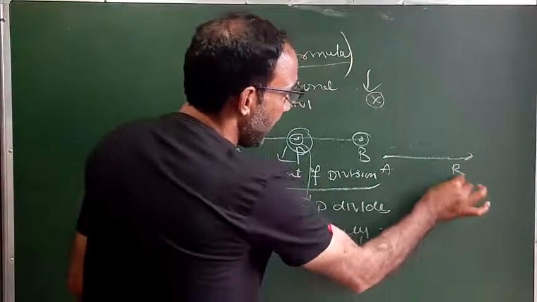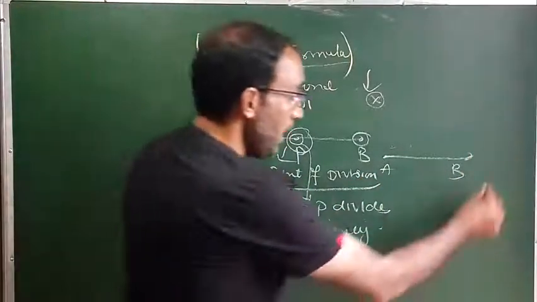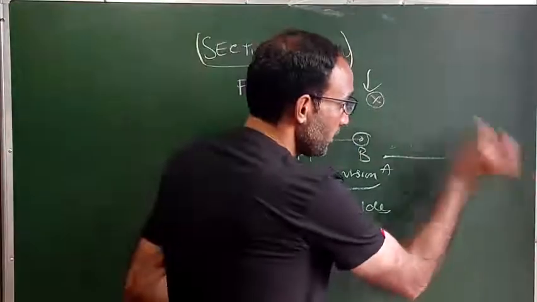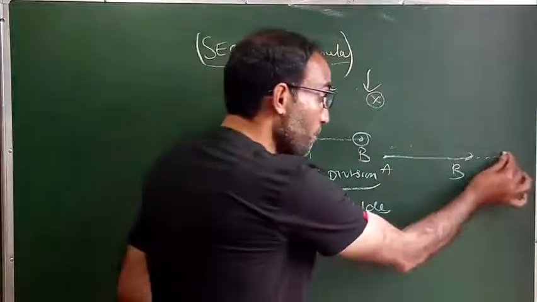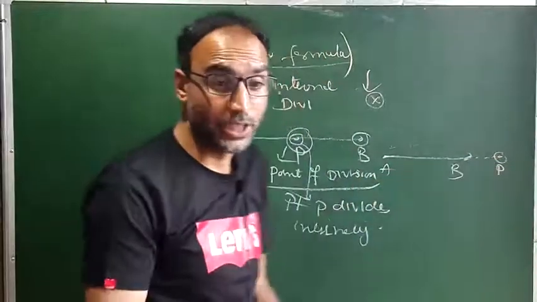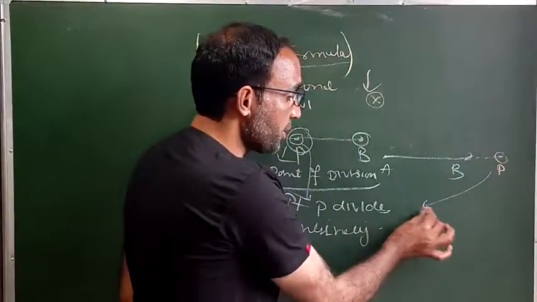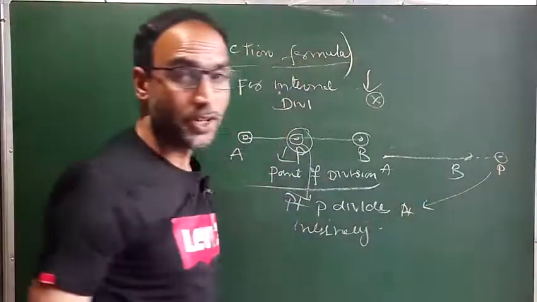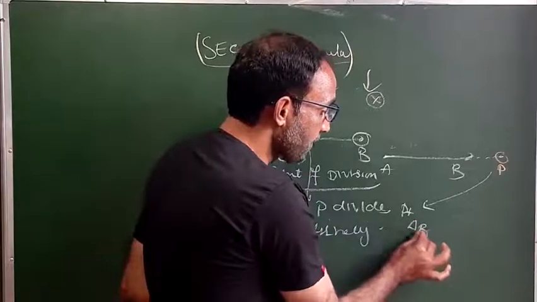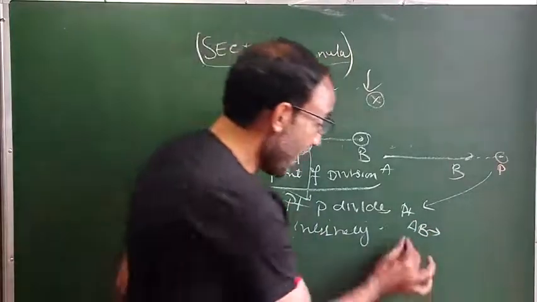If we have given a line segment AB and a point P, keep in mind, this point P does not lie between A and B. Then we can say that this point divides this line segment AB externally.